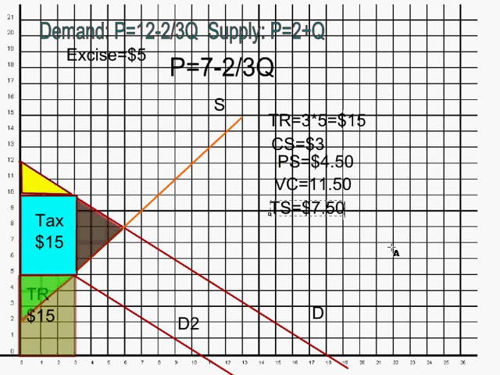Not all of the decrease from the $30 in total surplus down to the total surplus we see now, 750, not all of that 2250 is deadweight loss, because for whatever reason we don't consider the tax revenue that goes to the government deadweight loss.